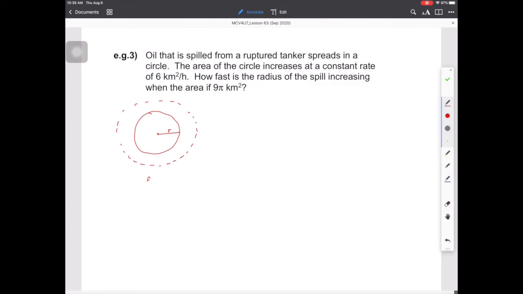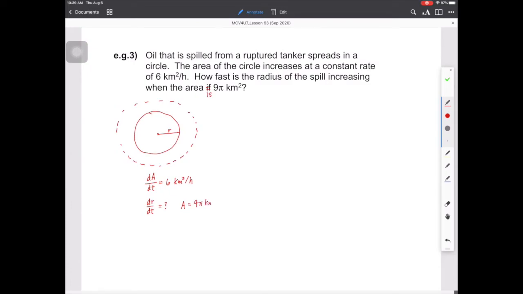So we can write down dA by dt, change in area over time, is 6 kilometers squared per hour. And then we're looking at how fast is the radius of the spill increasing. So we're interested in dr by dt when the area is 9 pi kilometers squared.